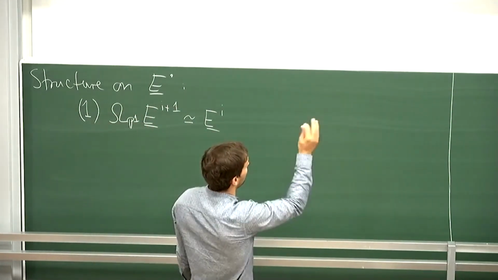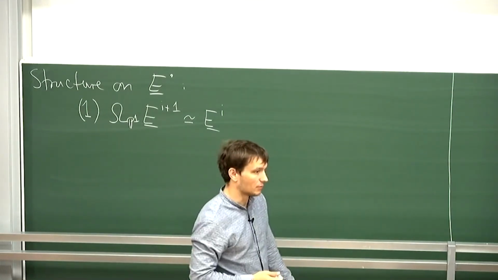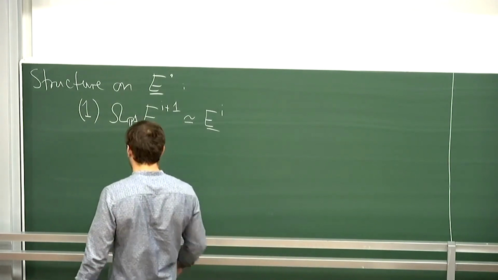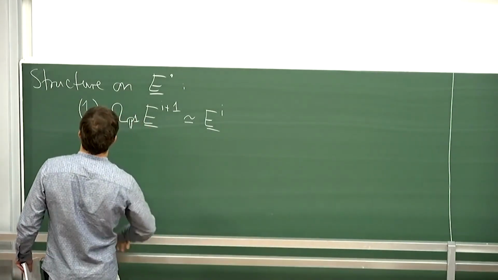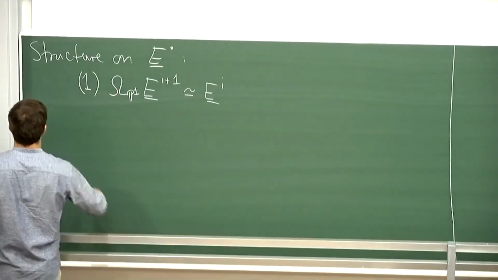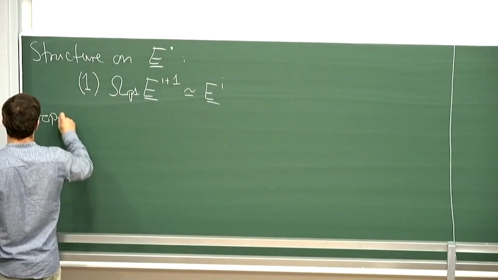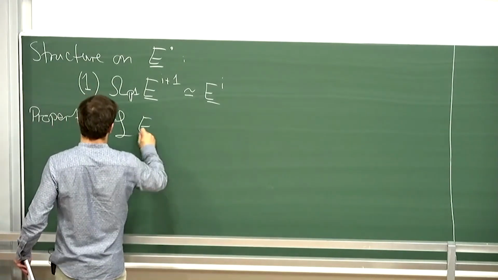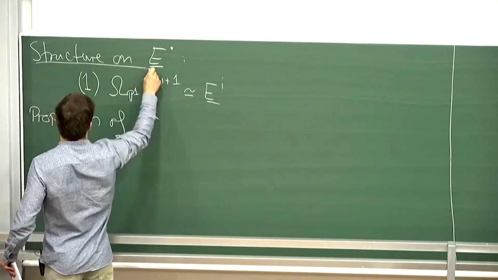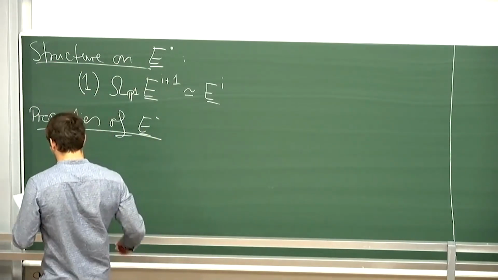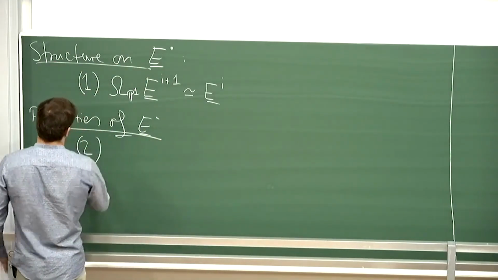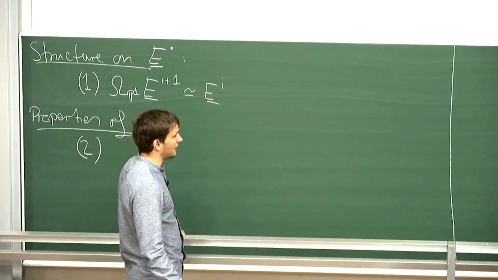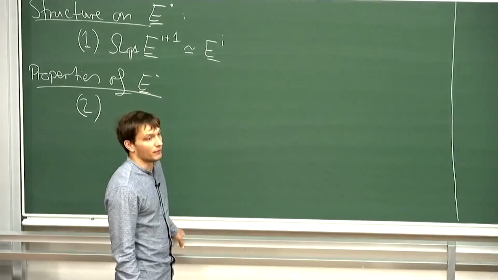You will definitely have to record this datum if you want to describe what happens. And beyond that, these things also satisfy a bunch of properties. All right. So the first property is not a big surprise, which is that this is A1 invariant, right?